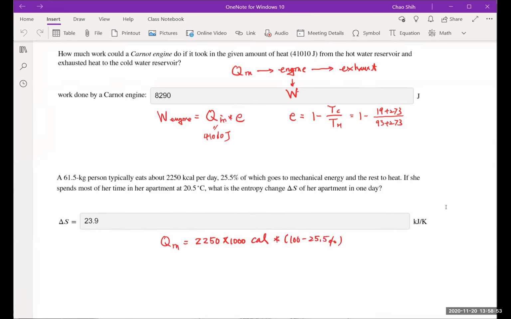Now, if you calculate this one it will be in cal, but you have to convert it into joules. How do we convert that? Well, 1 calorie is equal to 4.184 joules. So you multiply by this in order to convert into joules, and that will give you the number in joules, okay?